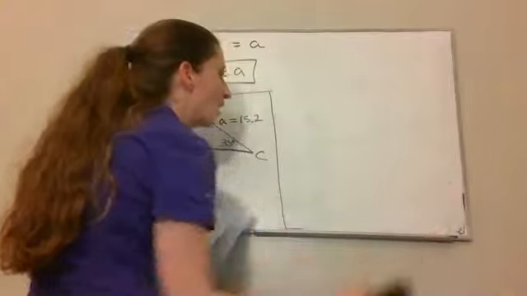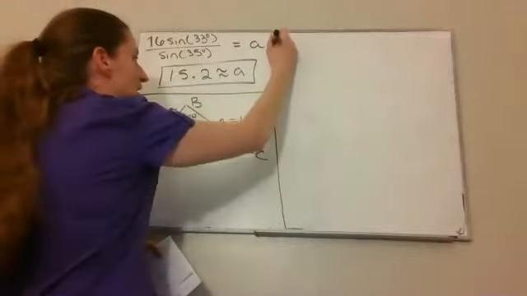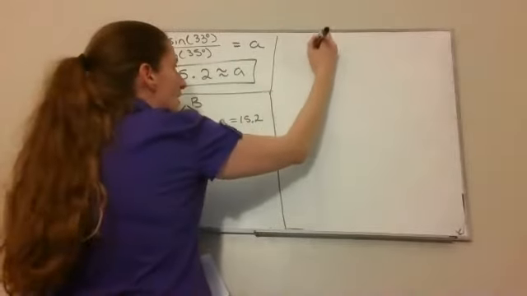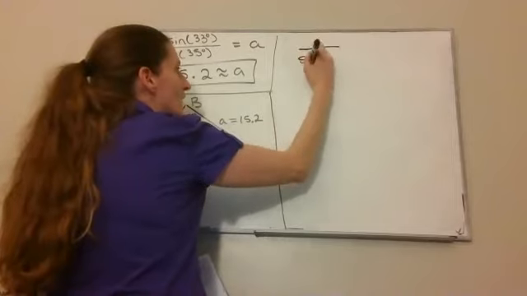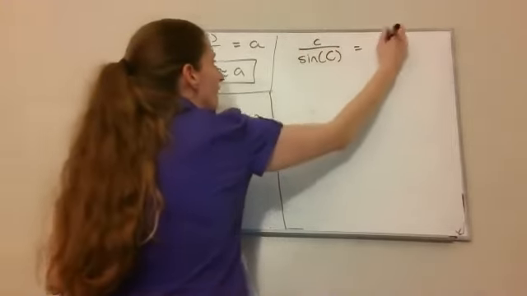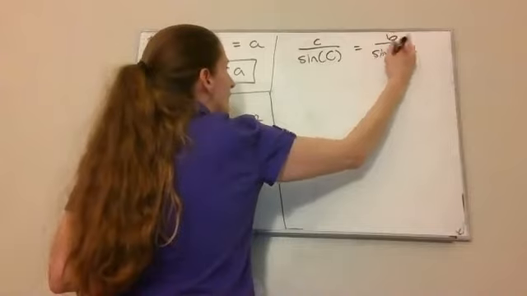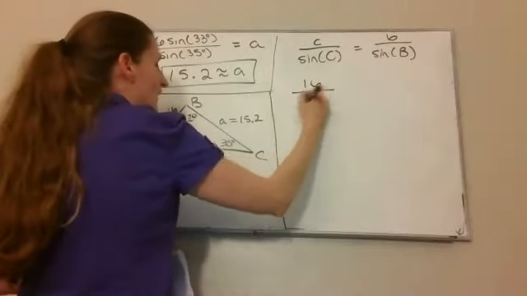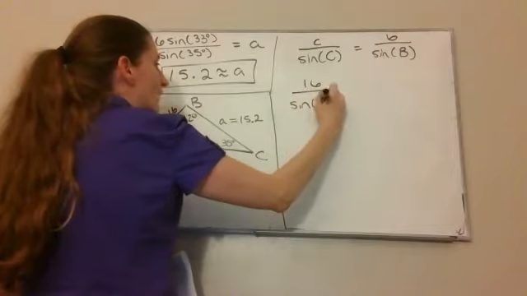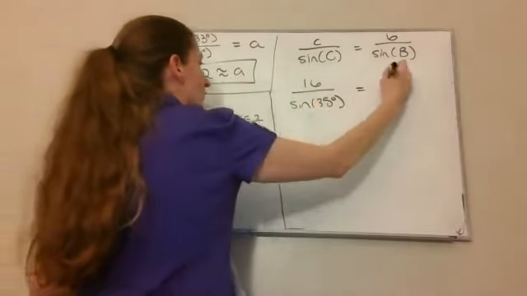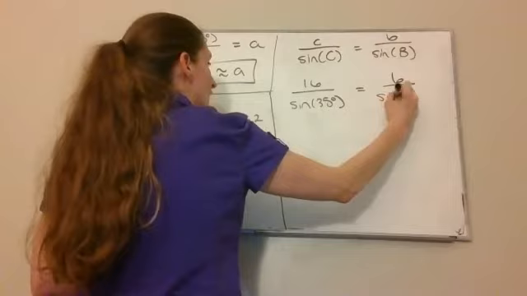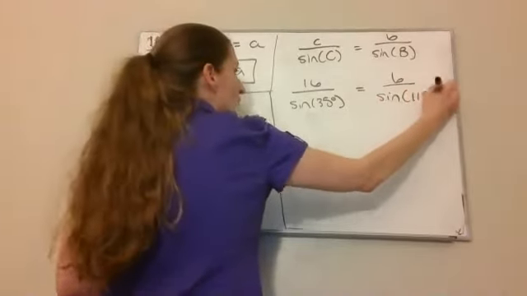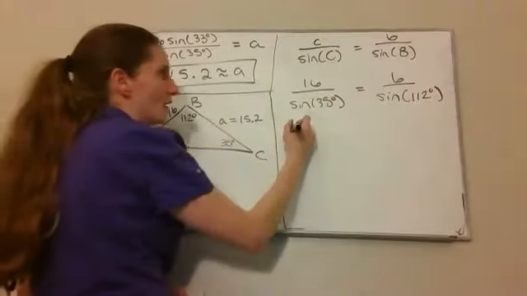So using my law of sines again, I know that C over sine of C is equal to B over sine of B. So I have 16 over sine of 35 degrees is equal to B over sine of 112 degrees.